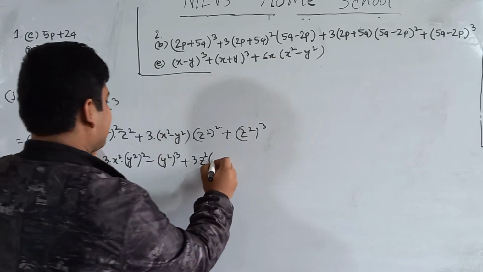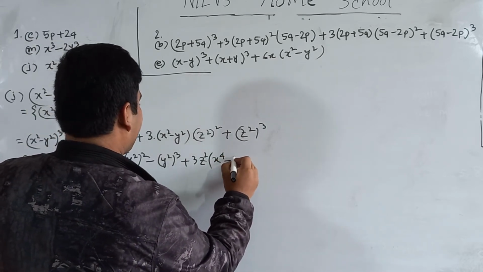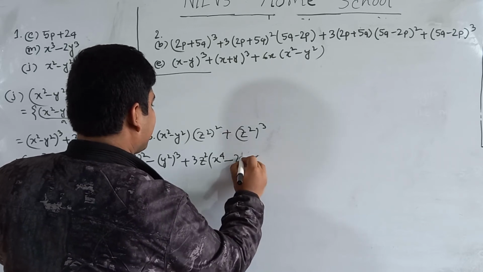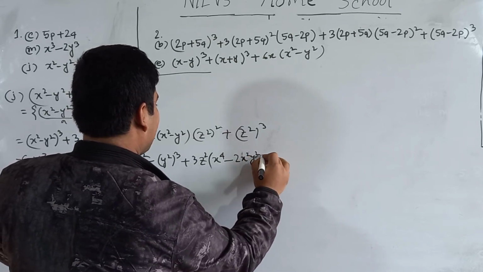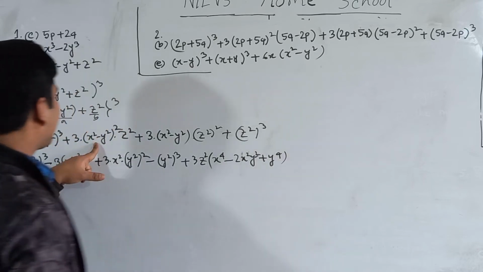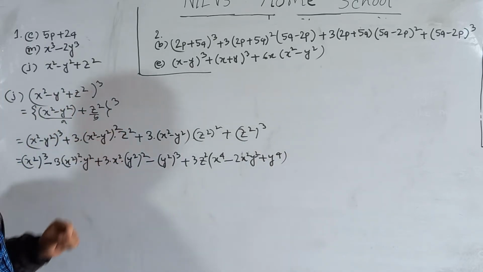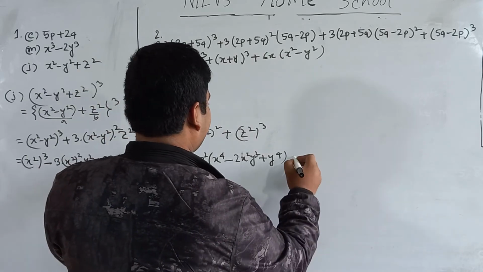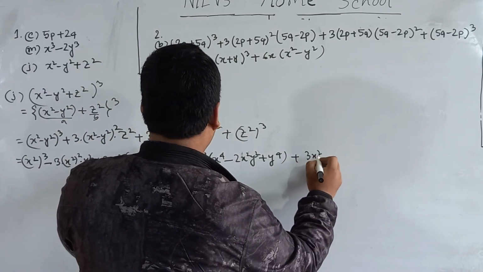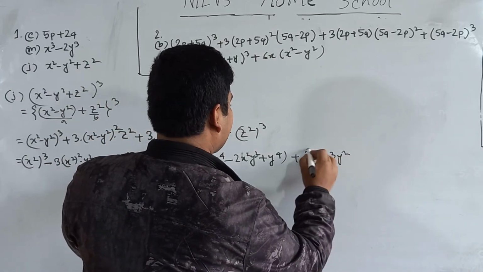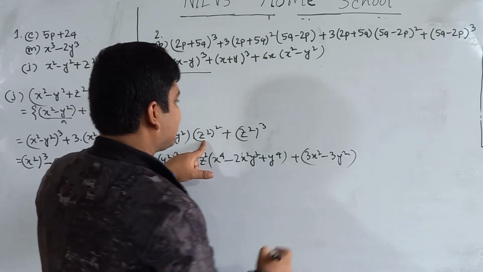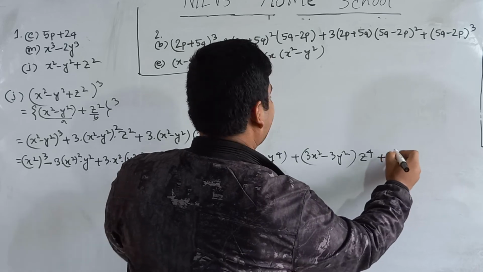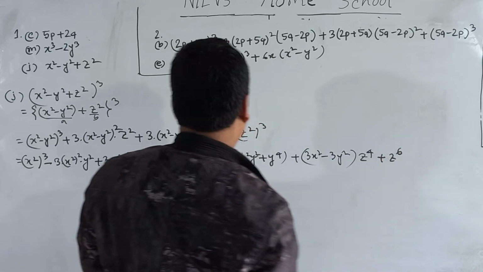We write from this x⁴ − 2x²y² + y⁴. We write x² − y² as a formula, just like this. Okay, and in a similar way 3x² − 3y², we multiply 3 with this one, and it will be z⁴ plus z² times 3, that is 6.